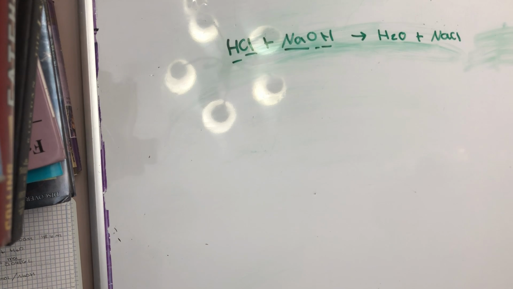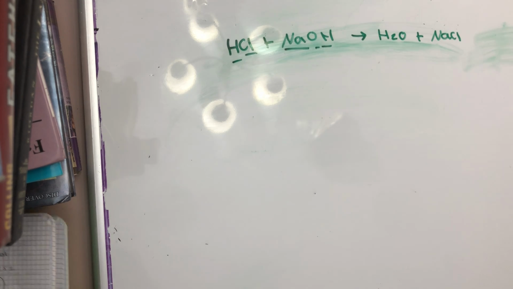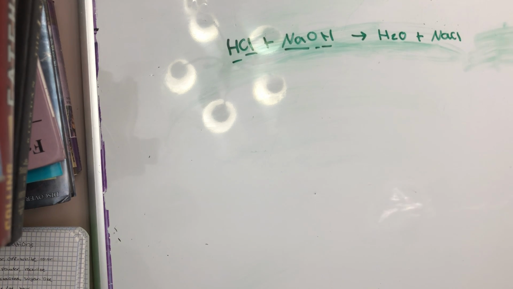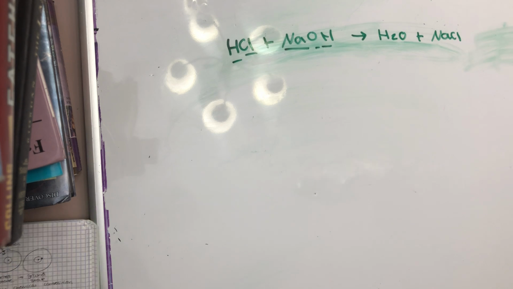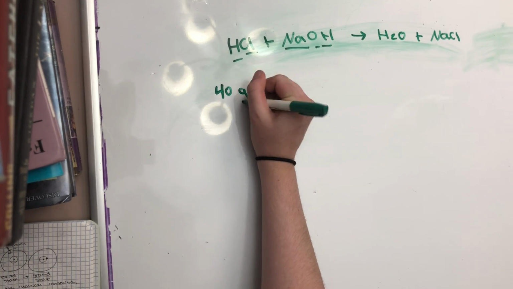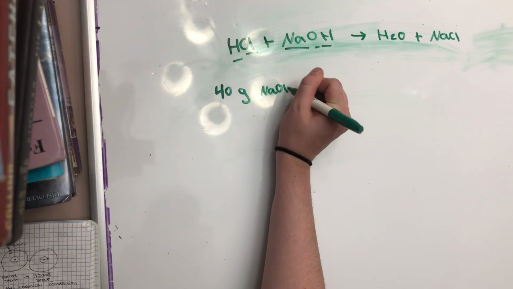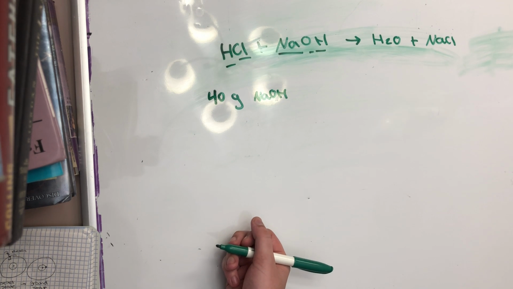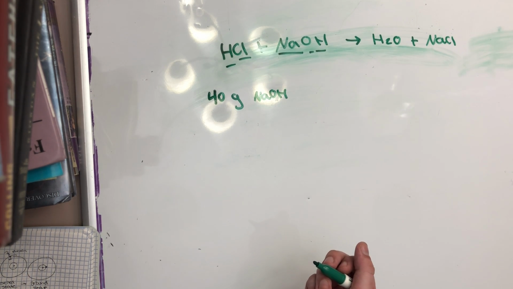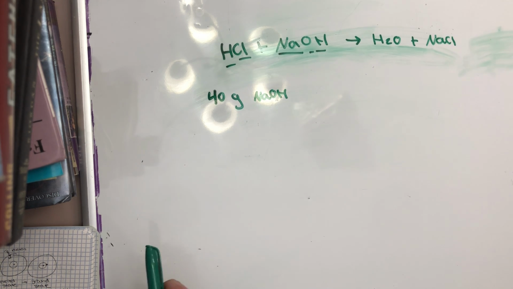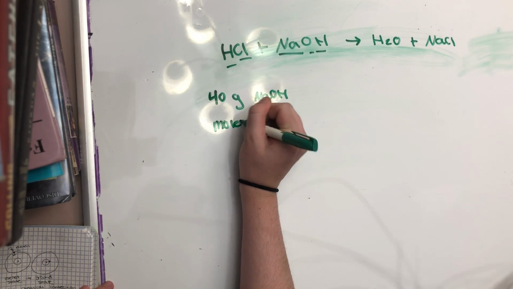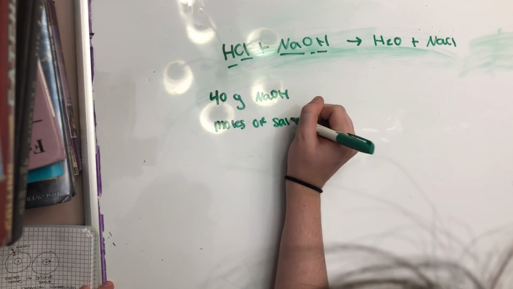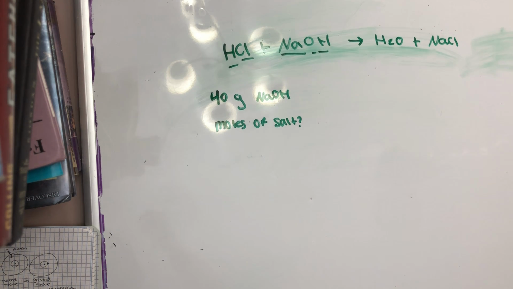And then in our sample problem, we're going to have 40 grams of NaOH, and then we're going to find out how many moles of salt are in that. And the salt is the NaCl.